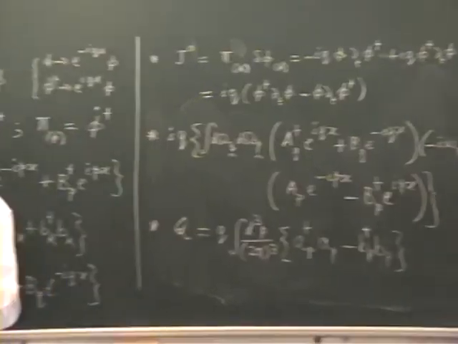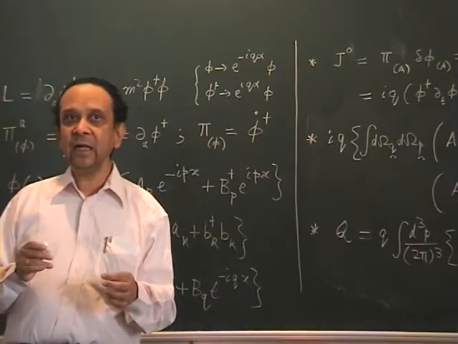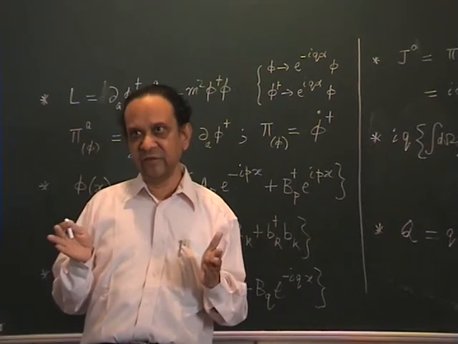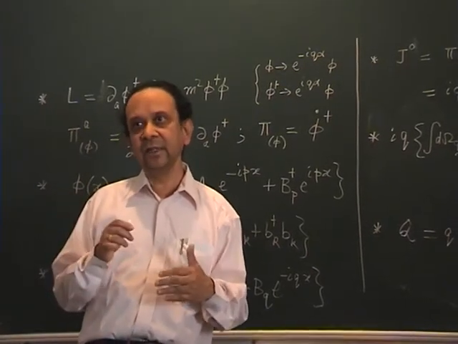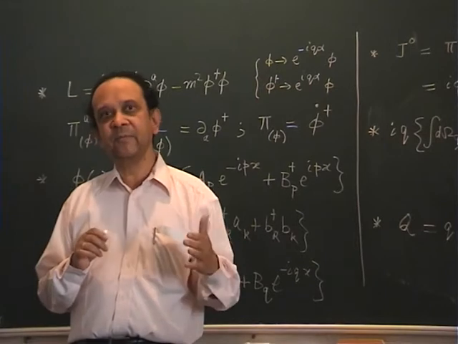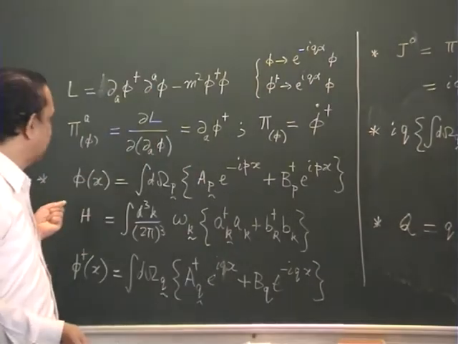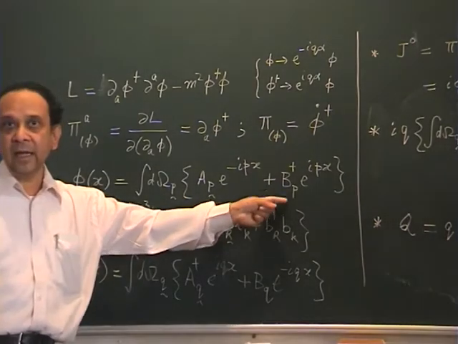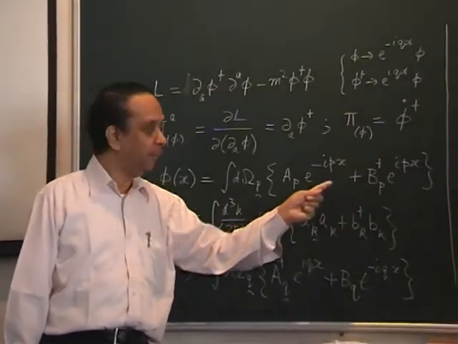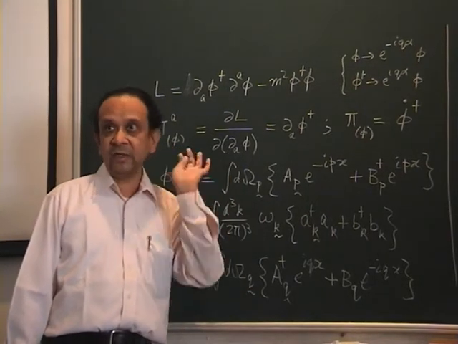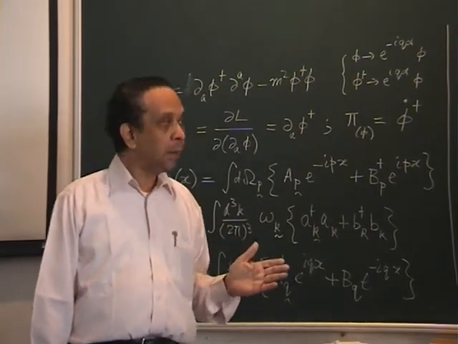So the phi and phi dagger, each of them contains a combination of particles and antiparticles. This is something which we emphasized even earlier on. You shouldn't think of phi as particles and phi dagger as antiparticles. That is not true, because if you look at the structure of phi, there is A and B dagger. B dagger is the antiparticle operator, A is the particle operator. So there is a linear combination, and we also explained why we need that.